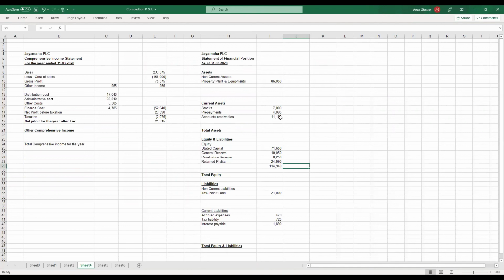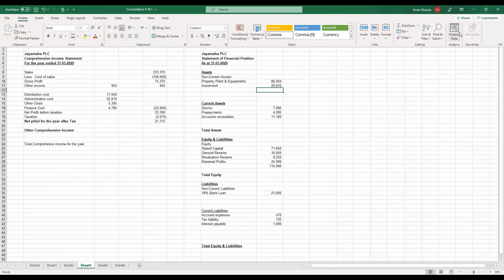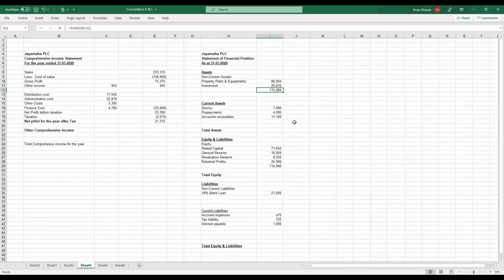Then let's take the other figures. So there is an investment of how much? We had an investment of 29,010,000. So therefore, total non-current assets will be how much? 150,060,000.